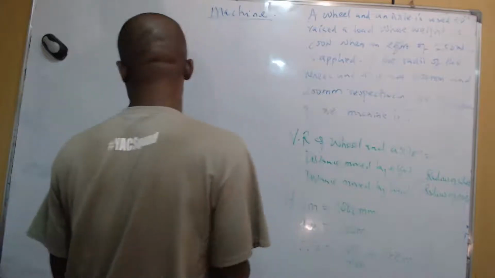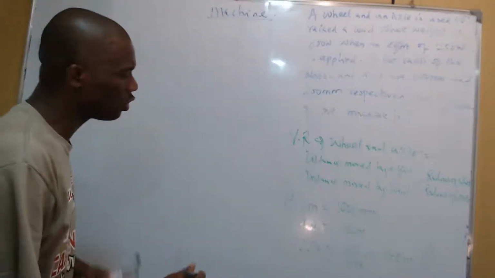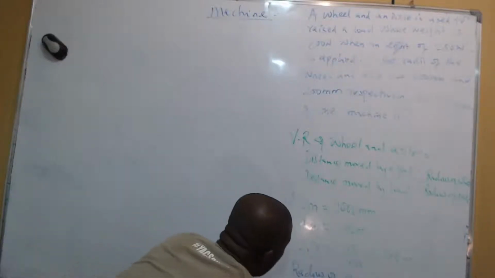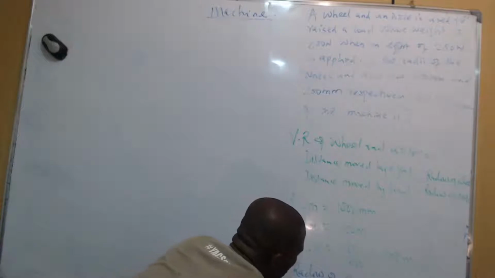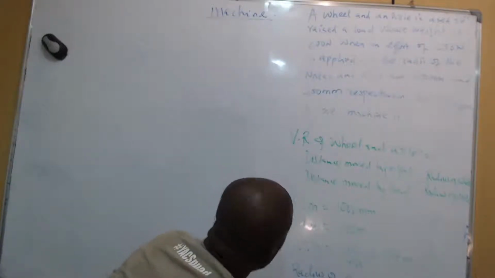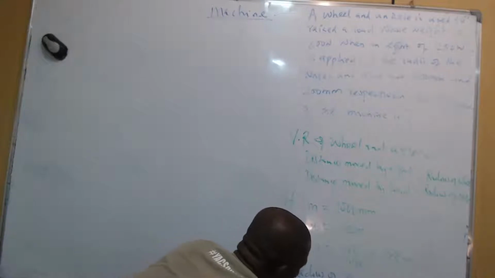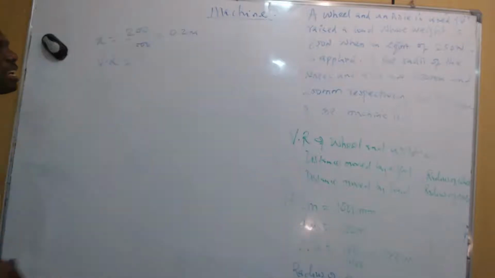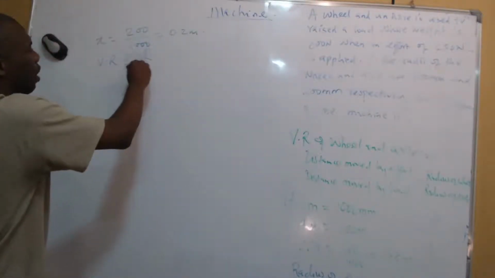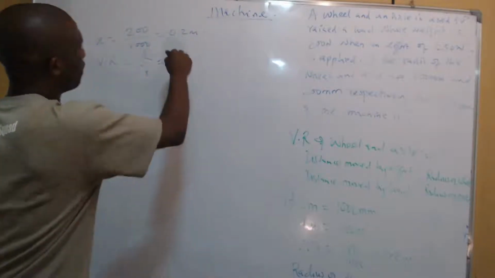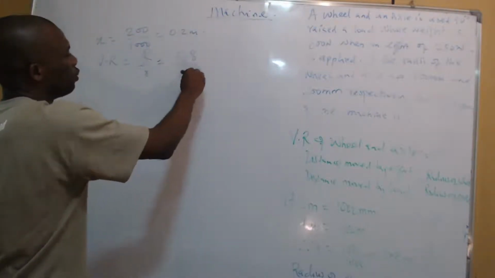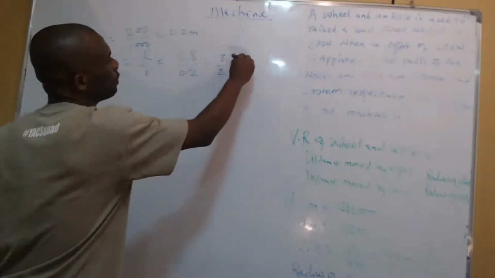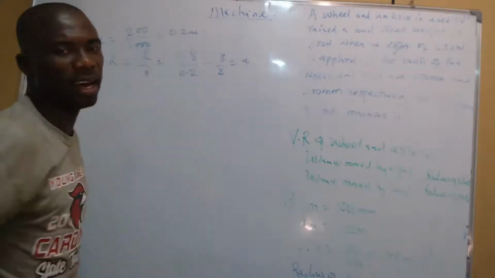This represents the radius of the wheel. Then for the axle radius, applying the same stoichiometry, 1 meter is equal to 1000 millimeter, therefore x will be equal to 200 millimeter, which is 0.2 meters. So VR will be the bigger radius all over the smaller radius, which is 0.8 over 0.2. Mathematically, you can shift one decimal place, so you have 8 over 2, which is 4.